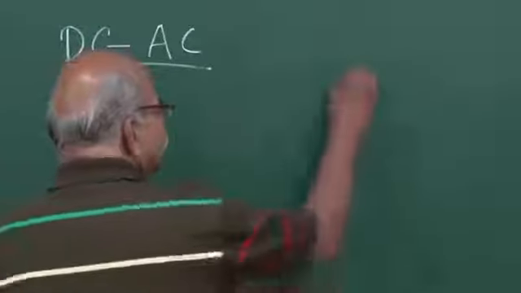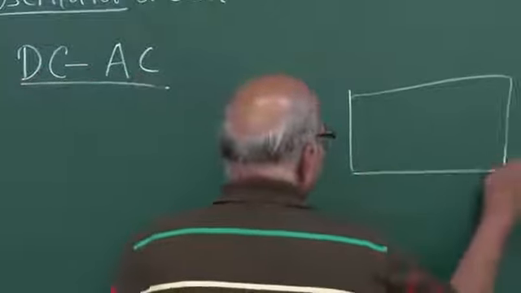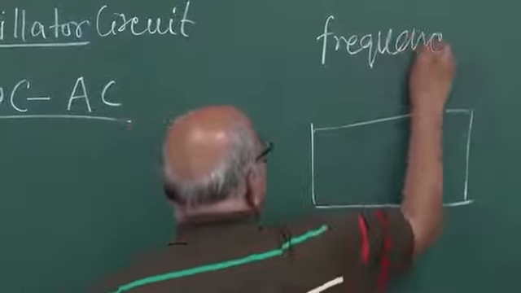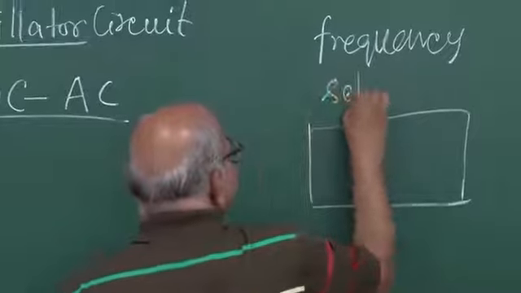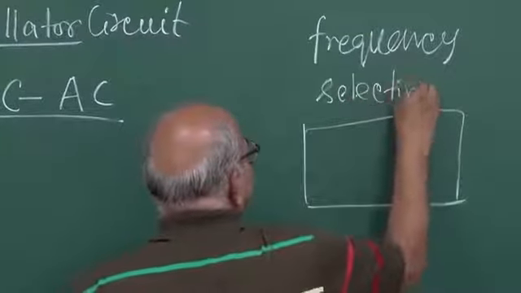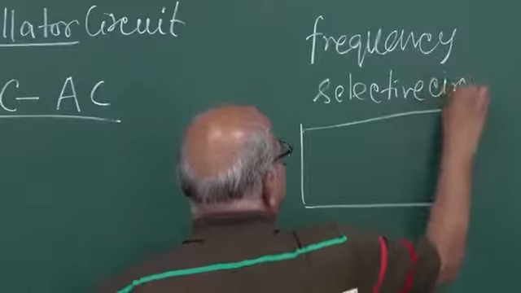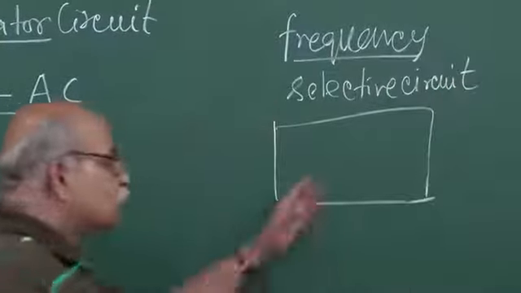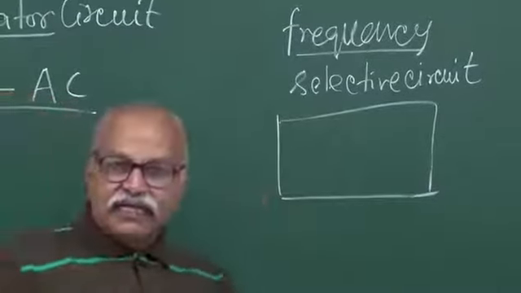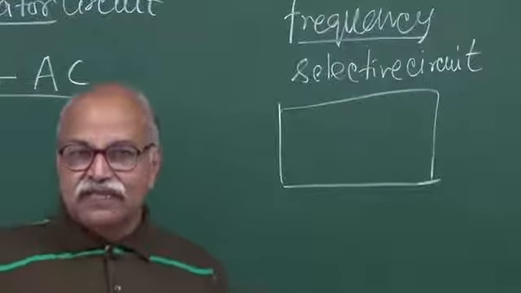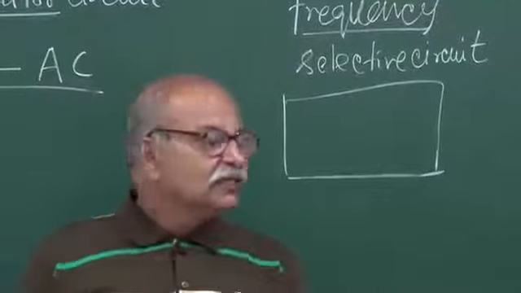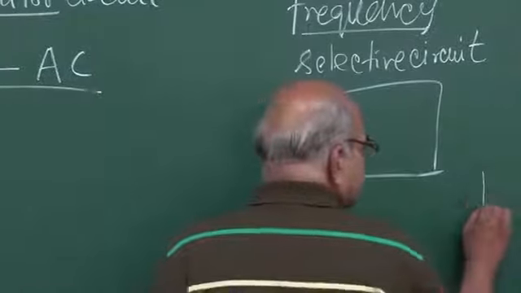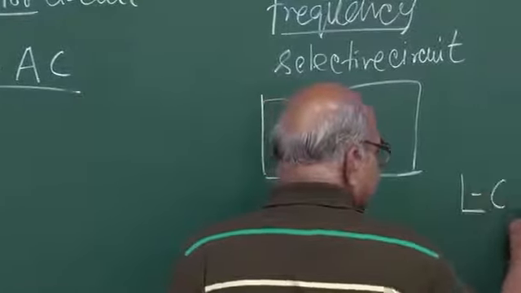So you must have a frequency selective oscillating circuit. One can have varieties of circuits depending on which range you are in. One is what we call the inductor-capacitor, or LC, circuit.